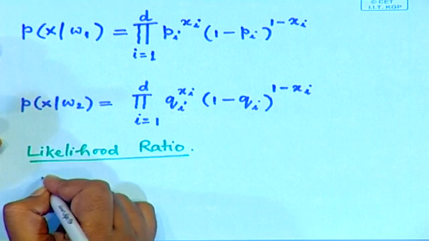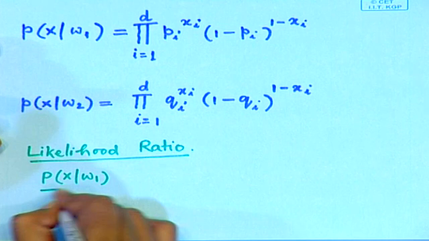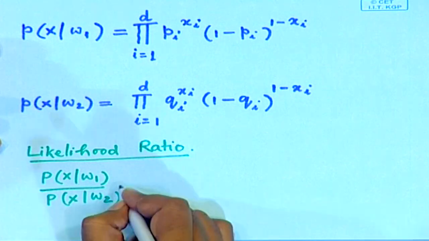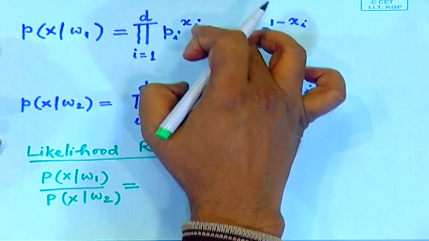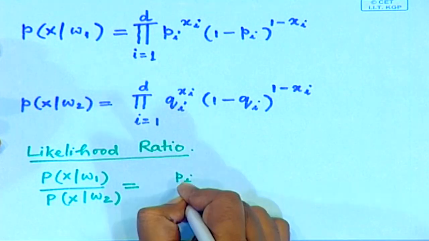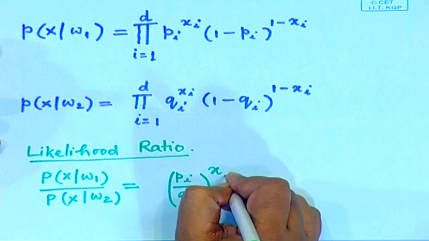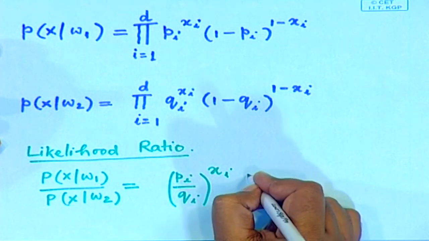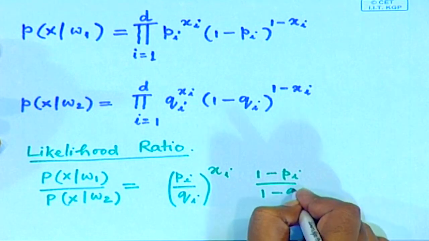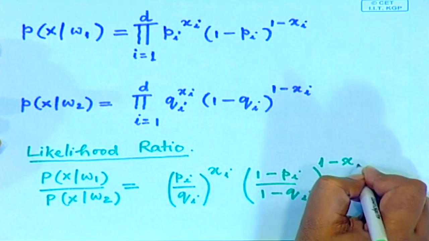The likelihood ratio is given by P of x given omega 1 upon P of x given omega 2, which, if I simply multiply these two, becomes Pi upon Qi to the power xi, into 1 minus Pi upon 1 minus Qi to the power 1 minus xi.